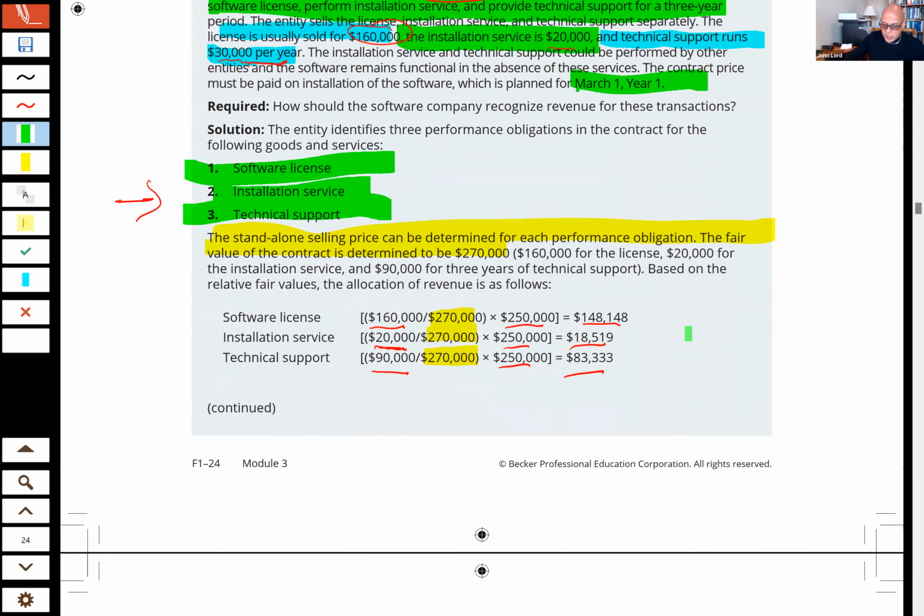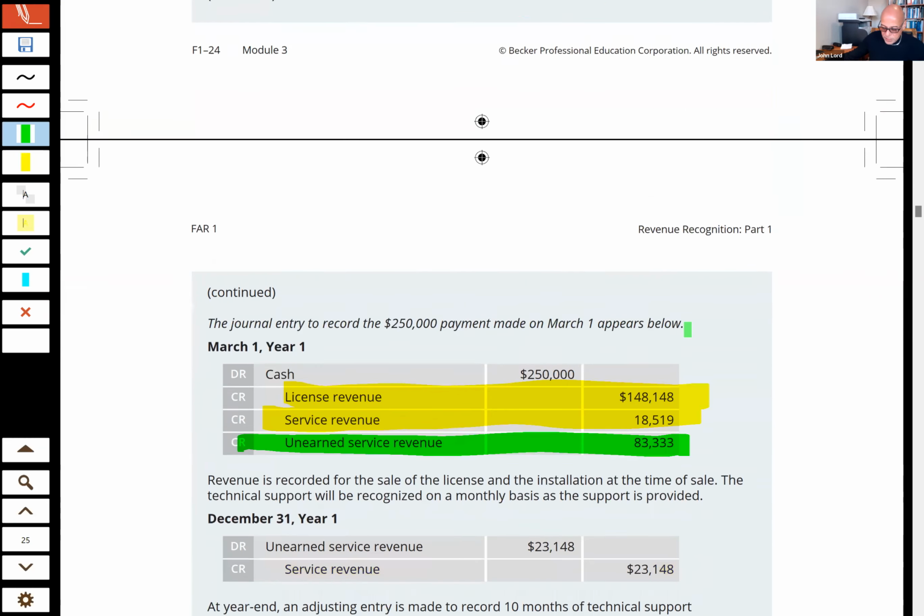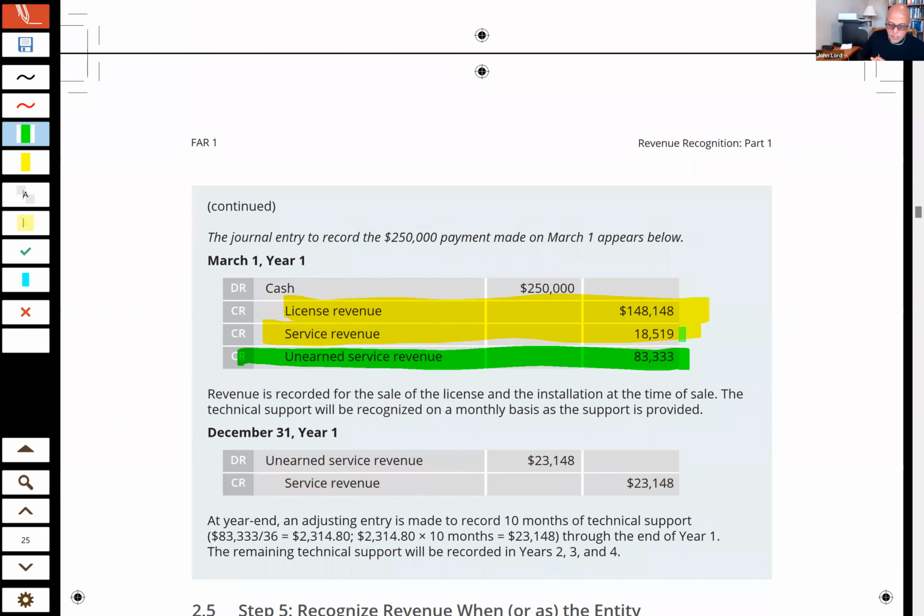Okay, so if we're talking about $83,333 over 3 years, which is 36 months, we'll take $2,314.80 per month times the 10 months.